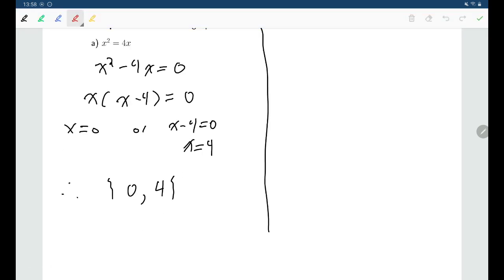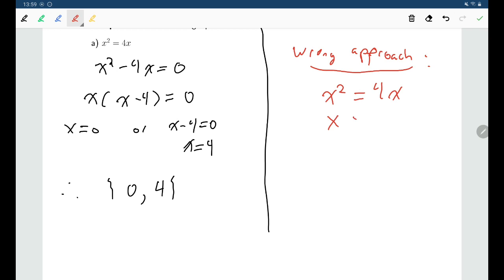Now, if we were thinking about solving this, somebody might be thinking about using this approach. You might say, why don't I start off with my equation x squared equals 4x, and I can divide both sides of the equation by x, so I'll do that.